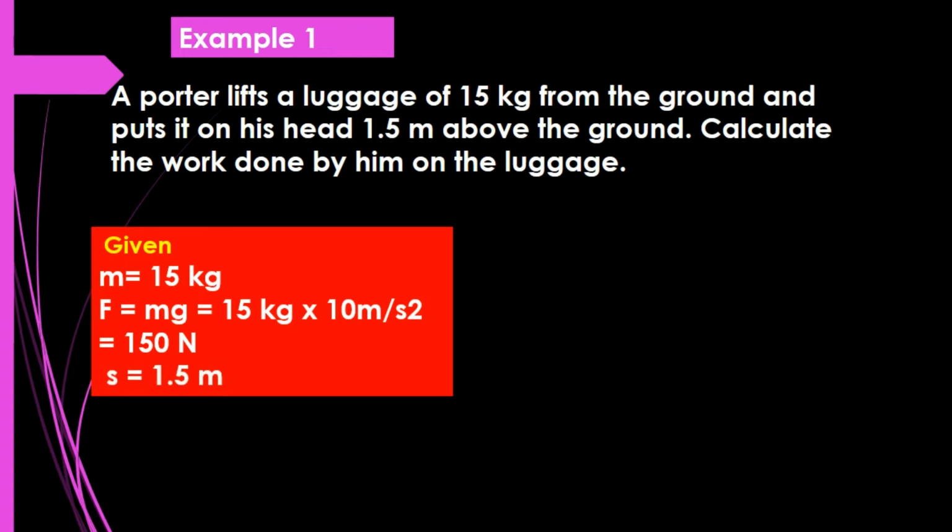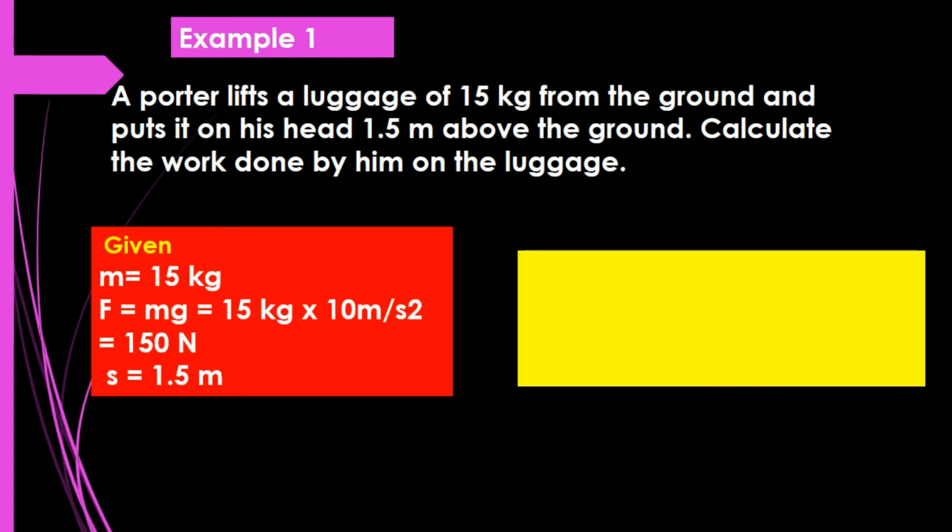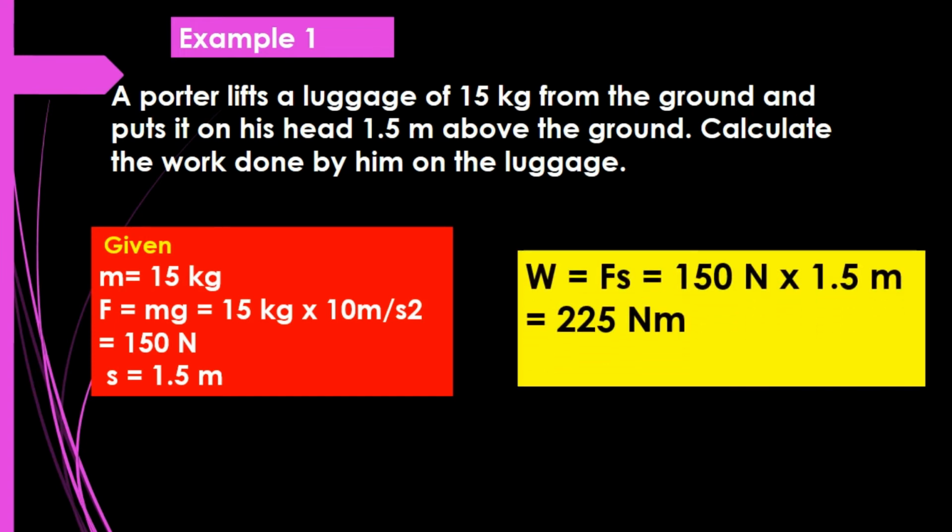Displacement is 1.5 meter. Let's calculate the work done. Work is equal to force times displacement, which is 150 Newton times 1.5 meter, equal to 225 Newton meter. The work done is 225 joules.